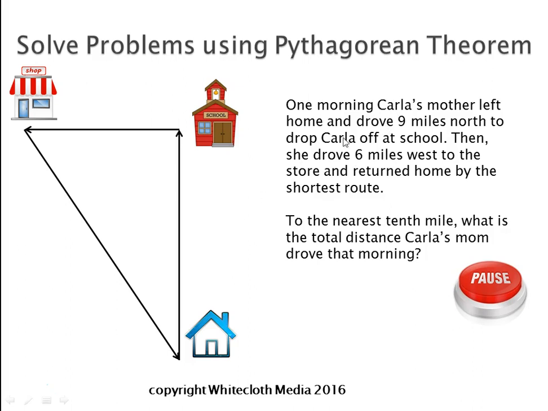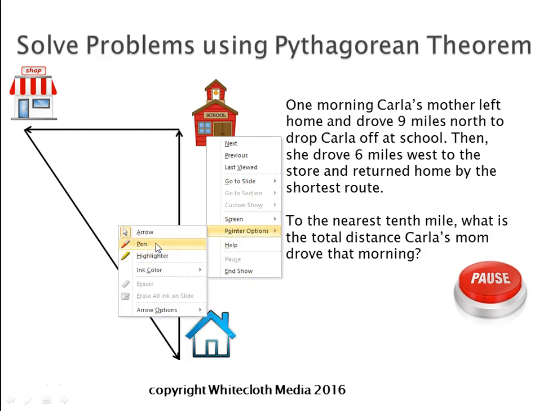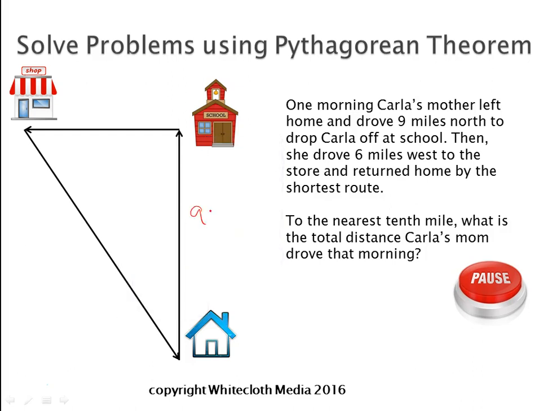All right, so I drew a little picture. One morning, Carla's mom left home and drove 9 miles north, and then drove 6 miles west, and then drove home the shortest route. To the nearest tenth mile, what's the total distance she drove that morning?